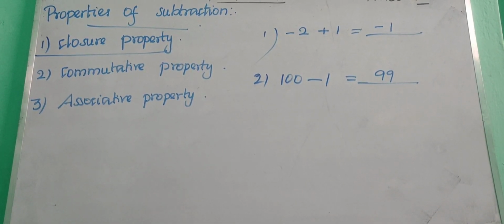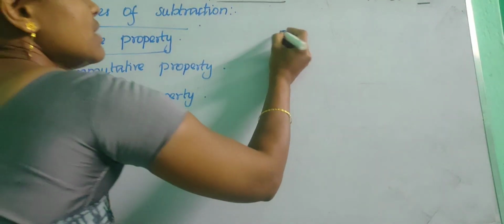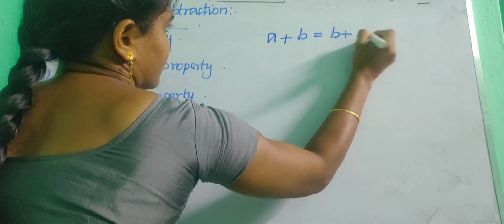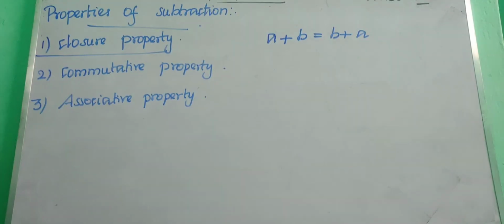So what have we learnt about commutative in addition? In addition we have learnt that A plus B equals B plus A. Okay, if you got like this, we will say the addition is commutative.